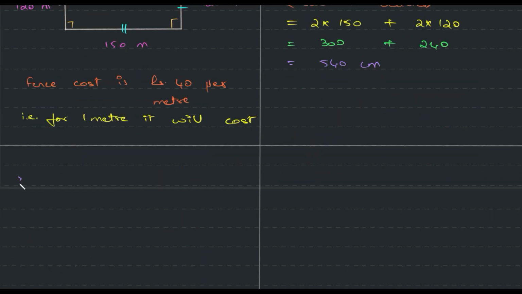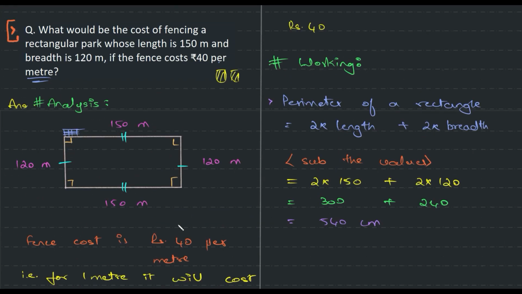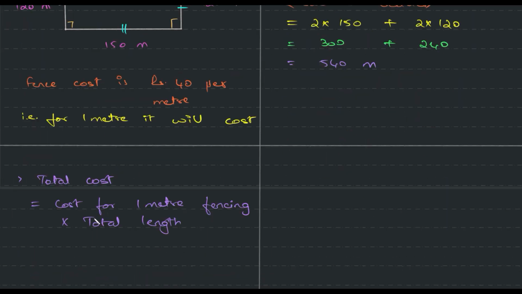Next step is the total cost. So what does common sense tell you? What will be the total cost? Cost for 1 meter fencing times total length. Oh, not centimeter, sorry, meter. You guys agree with this? Cost of 1 meter fencing into total length, or perimeter of the park.